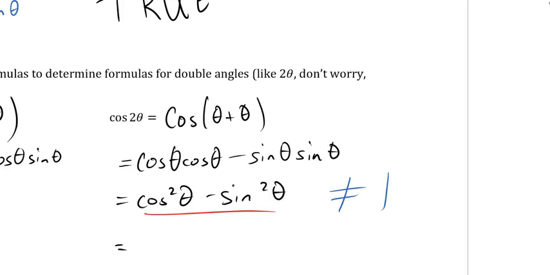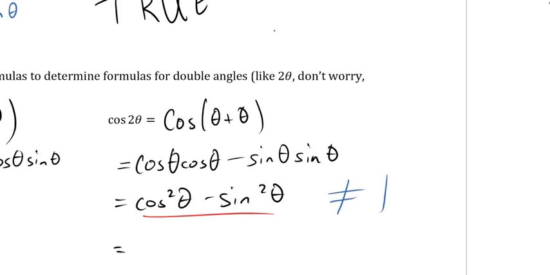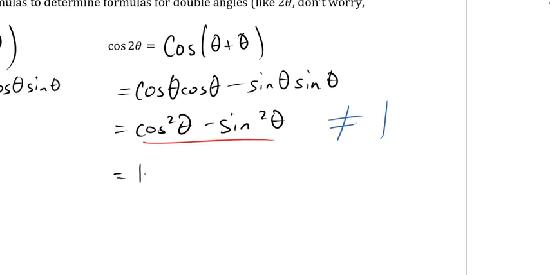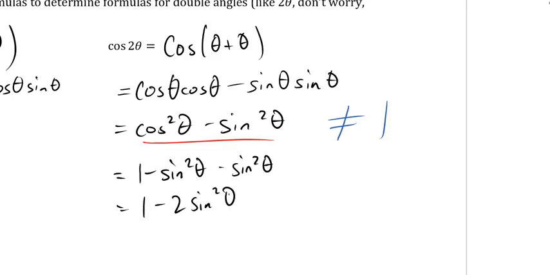substitute. One of the identities we do have is sine squared theta plus cos squared theta is 1. And if I rearrange this for cos squared theta, we've seen this, it equals 1 minus sine squared theta. So I can sub that in for cos squared theta, and I get 1 minus sine squared theta minus sine squared theta, which equals 1 minus 2 sine squared theta. And formula.